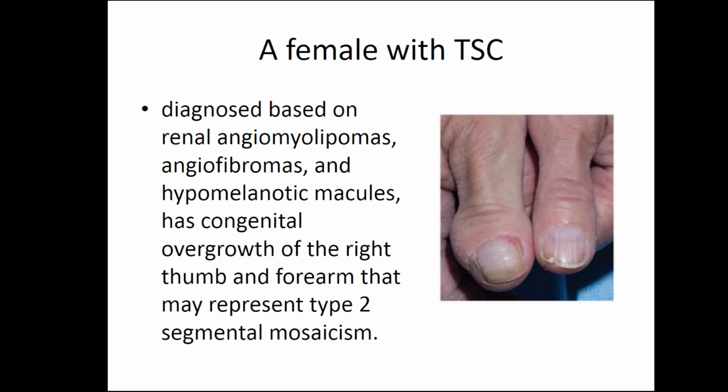And the last example, a female with TSC, diagnosed based on renal angiomyolipomas, angiofibromas, all these with vessel destruction, and hypomelanotic macules. She has congenital overgrowth of the right thumb and forearm that may represent type 2 segmental mosaicism. Now my lecture ends. Thank you for your attention and we'll meet later.